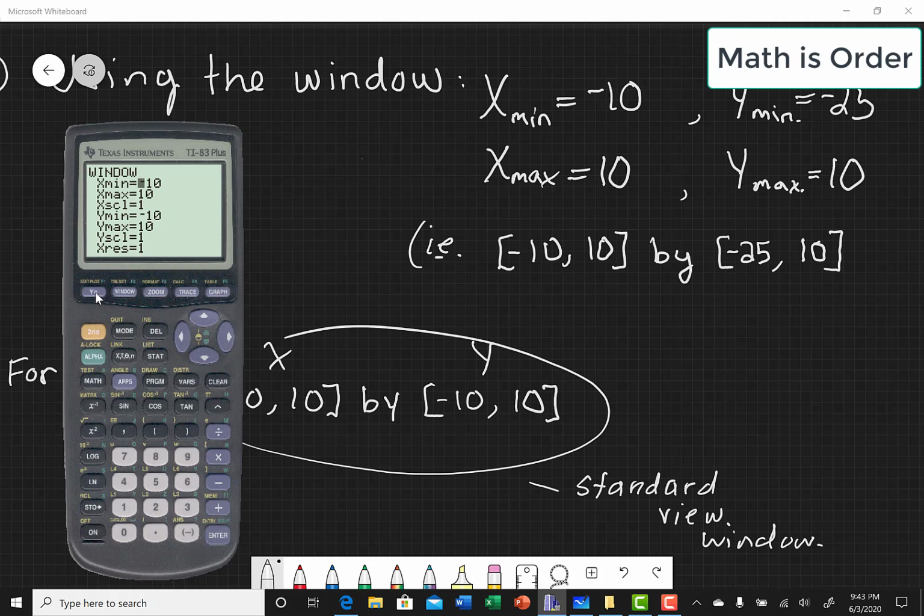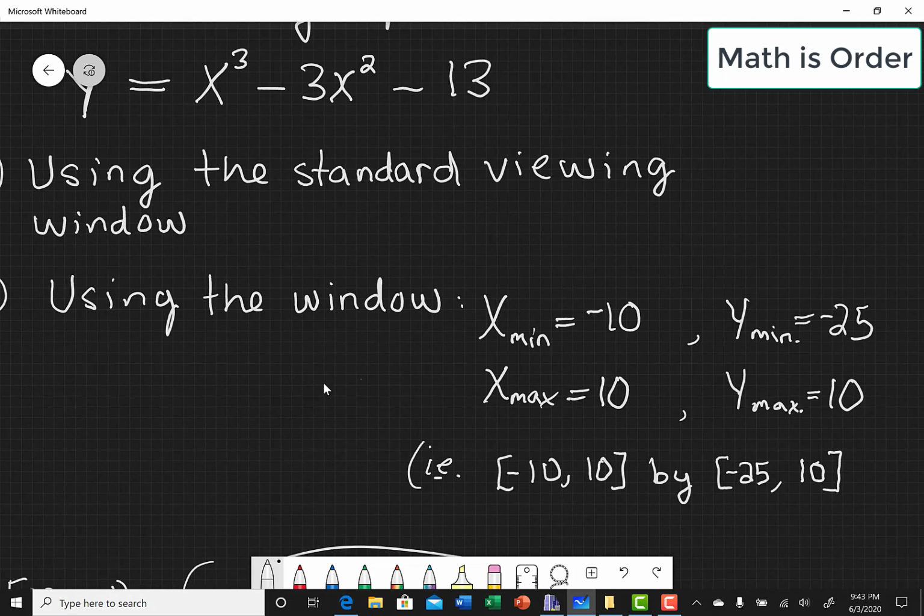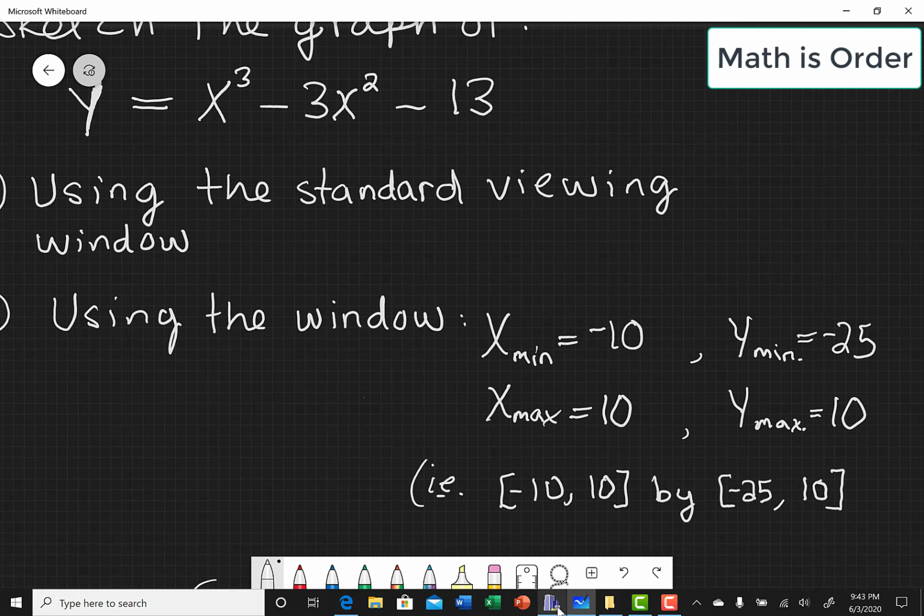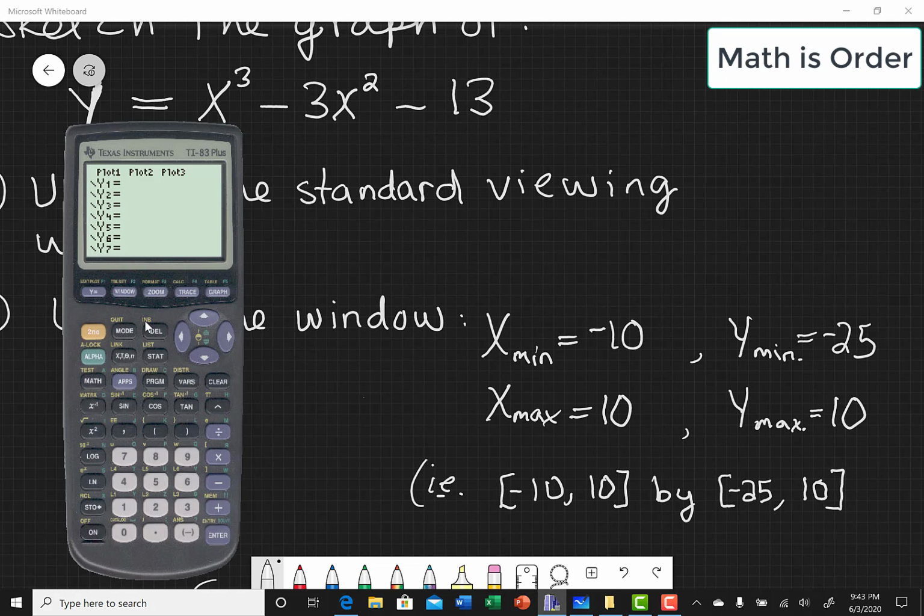So we're going to click on Y equals. And next, we're going to type in the right-hand side of the equation. So that's X. Now, to get to the power, we're going to type the caret button. 3 minus 3x, and then squared, minus 13.